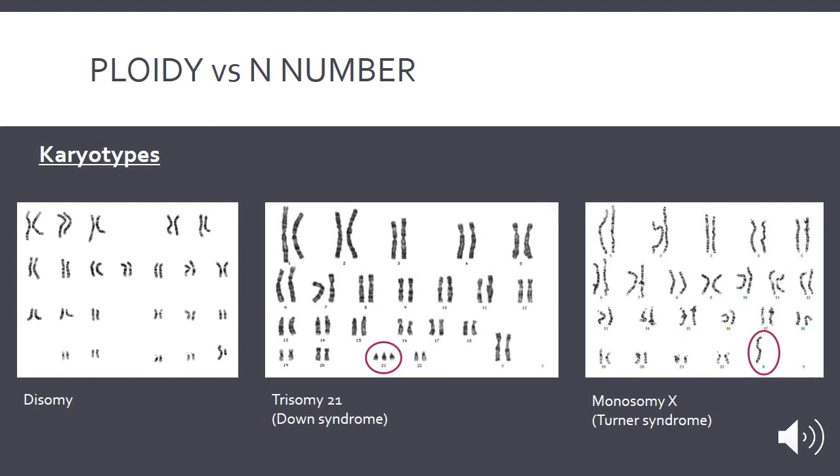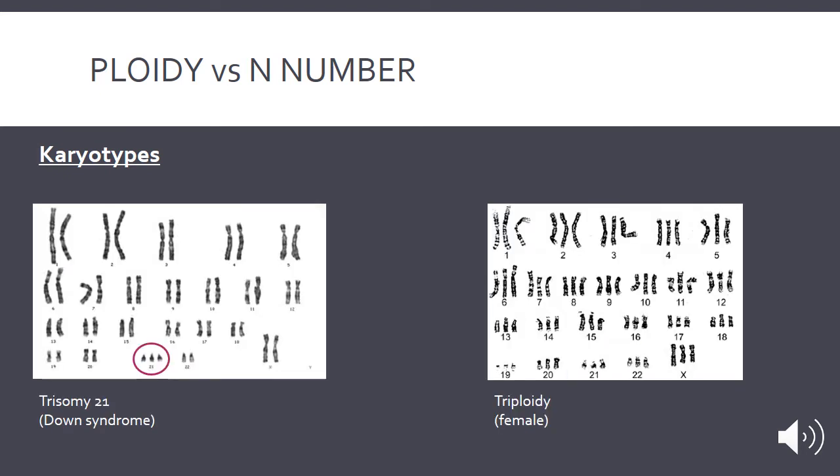All other human monosomies are generally lethal. Just to drive home the point that trisomy and triploidy are 2 very different things, trisomy is occasionally survivable, as is the case with Down syndrome, 1 extra copy of 1 chromosome, whereas triploidy is universally lethal, an extra copy of every chromosome.